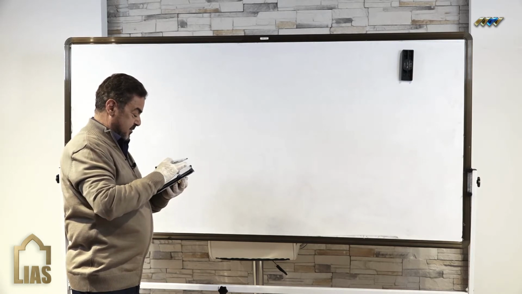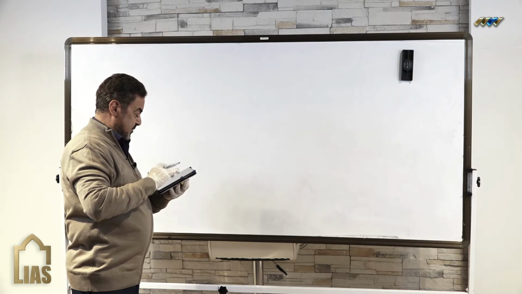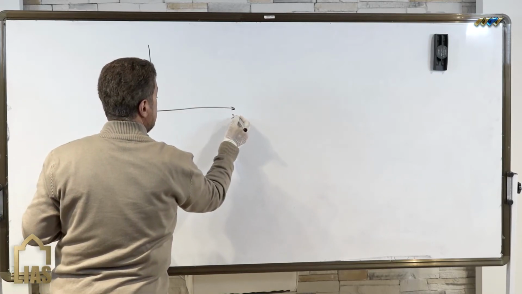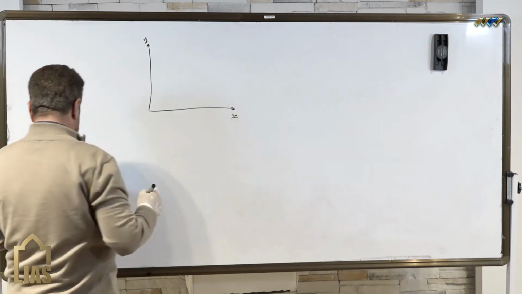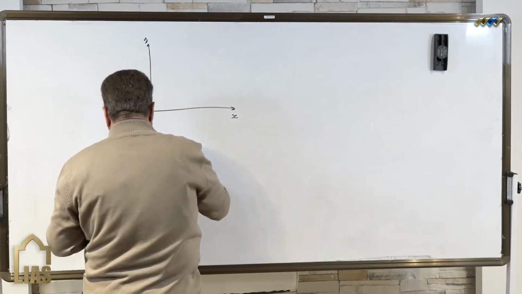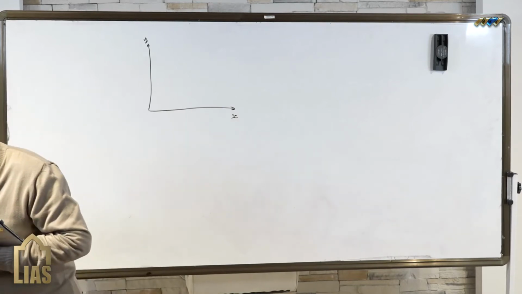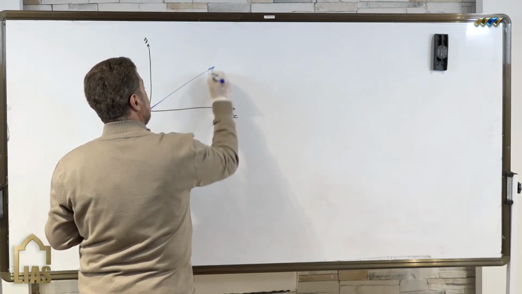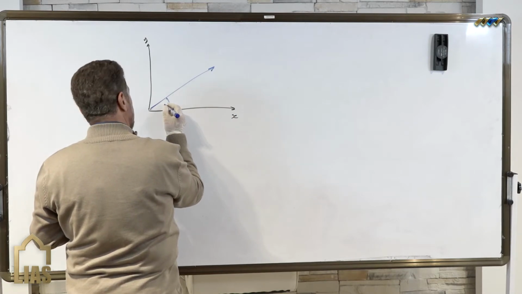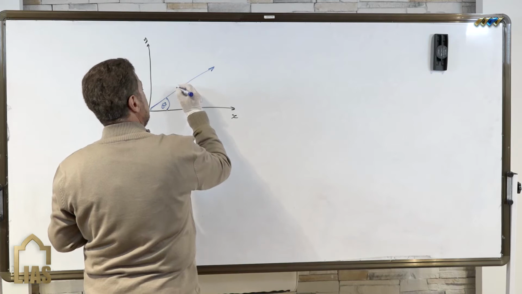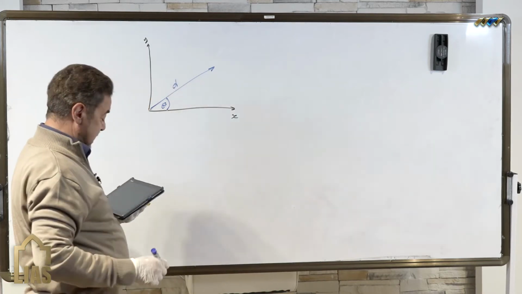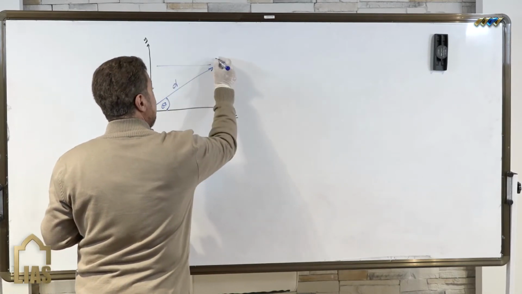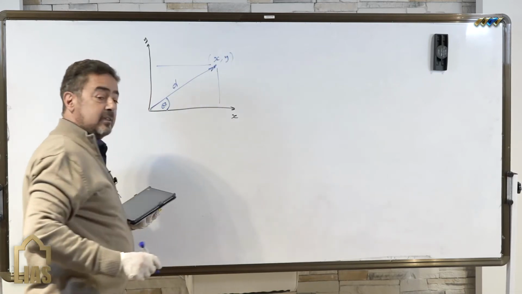Okay, and it's in XY direction. If we have the motion this way, making an angle of theta, we say this is d, distance, or displacement, and it goes here to a point of x and y, like coordinates.